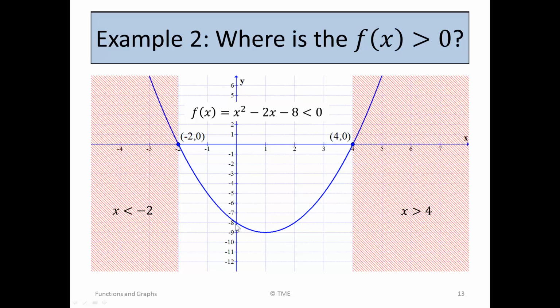The f(x), or the y value, is minus 8. To the left of that, and to the right of 4, we can see that the f(x) in this case, the same function, is greater than 0, and similarly here. So at this point, and from that point on, going to the right, and from this point on, going to the left, the f(x) is greater than 0.